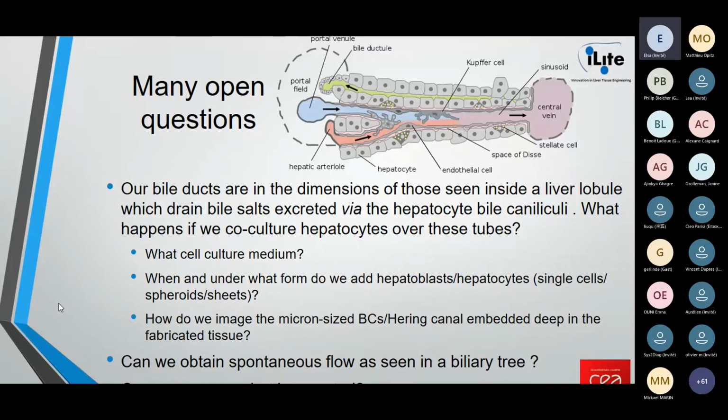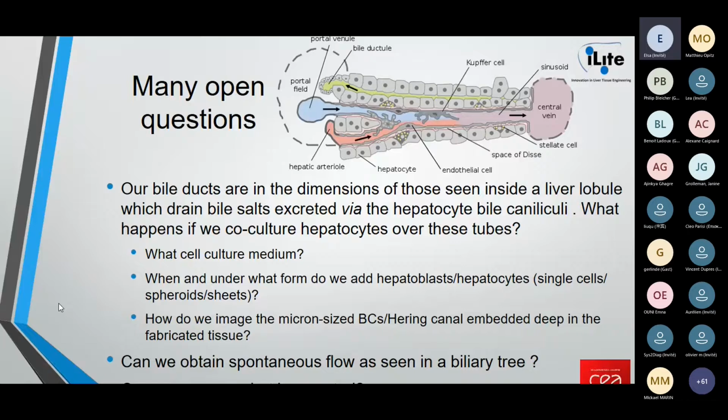So many questions here. What cell culture should we use? What kind of hepatic tissue should we use? Spheroid or cell sheet? And how do we image the micro-sized canals that are really deep in the fabricated tissue? There are many technological and open questions.